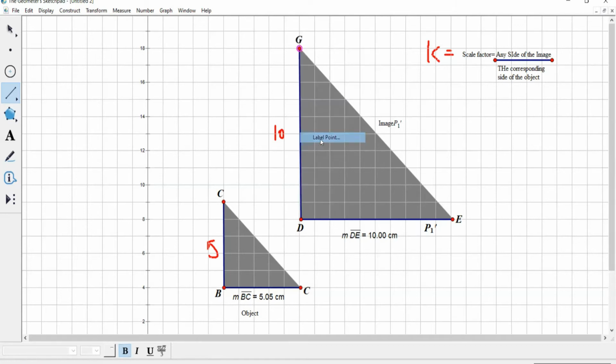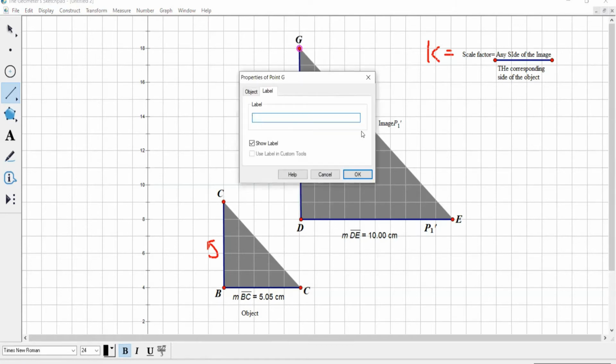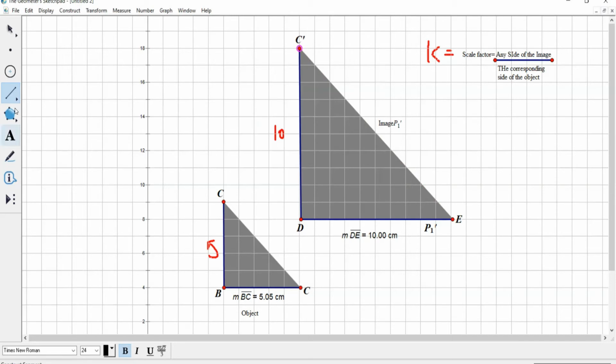We call it C prime because it is the image of C. If you draw a straight line passing through C and C prime, look what happened. This is a line passing through C and C prime. We're just trying to extend the line a little bit.